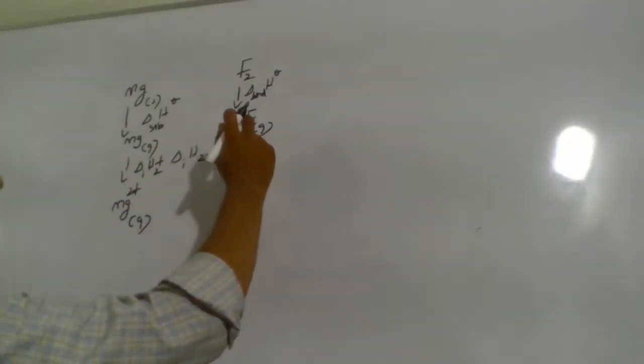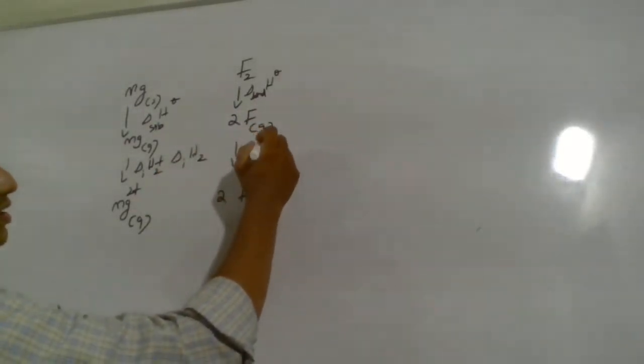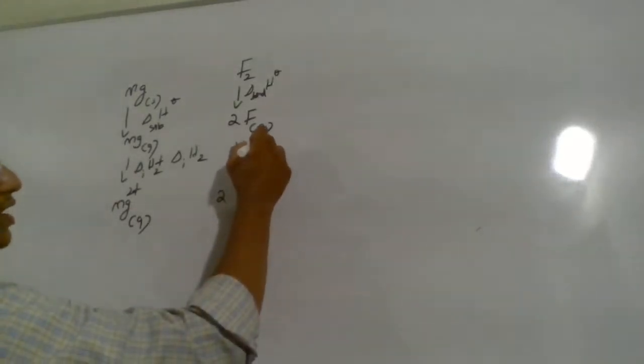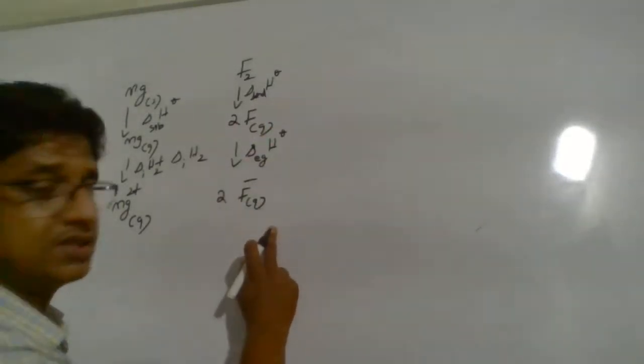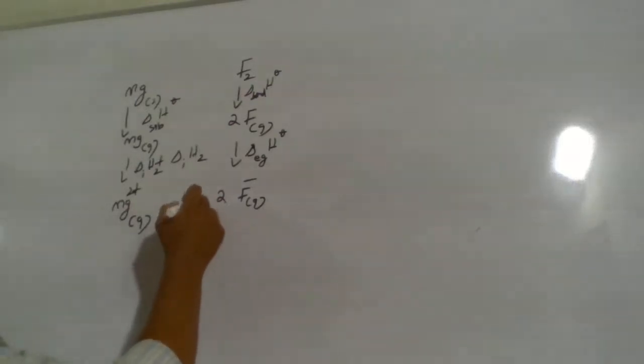Next you have to convert fluorine into fluoride ion, 2F minus, that we call electron gain enthalpy, delta H electron gain enthalpy. Here 2 moles of fluorine are required, so half bond dissociation enthalpy is not required. Here 2 moles of F minus are required. Then only Mg2 plus and 2F minus give MgF2.